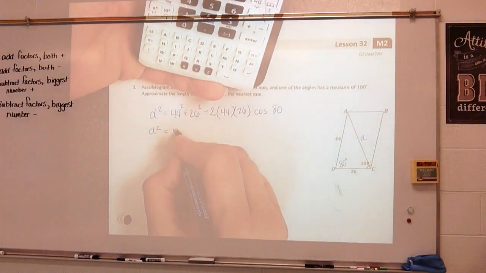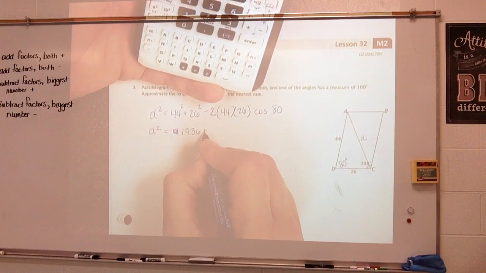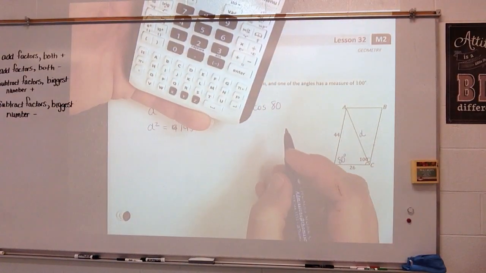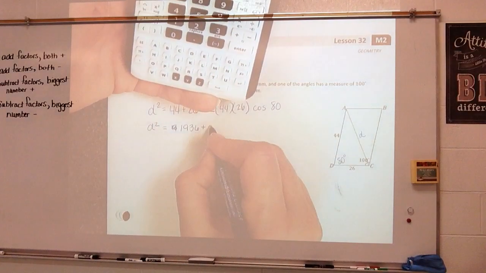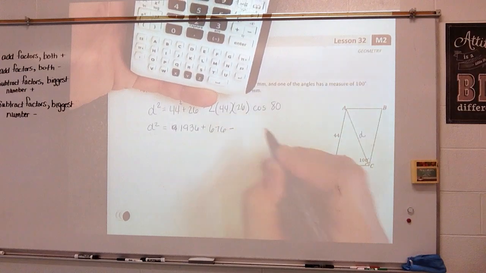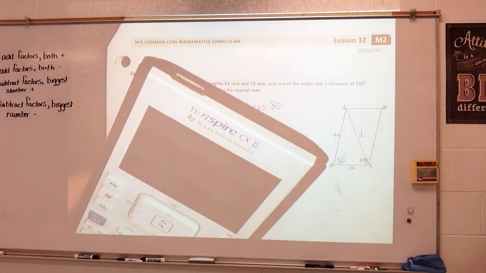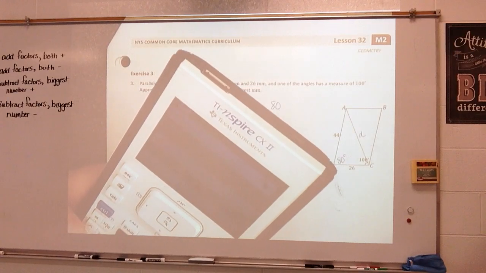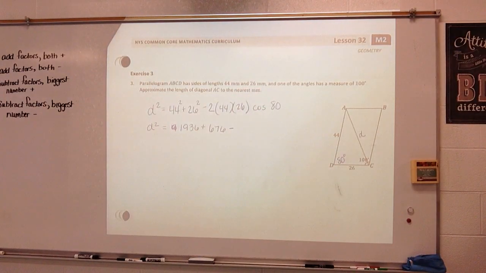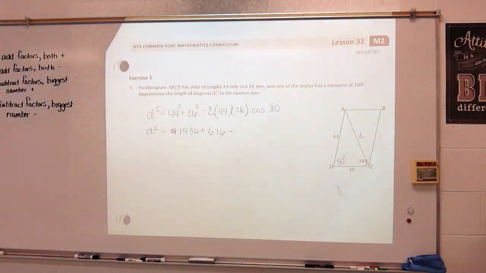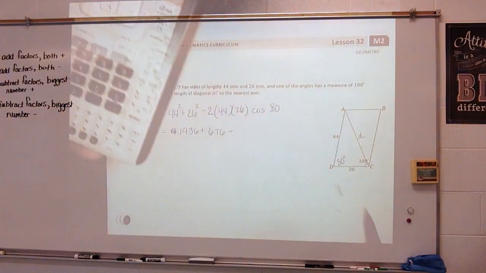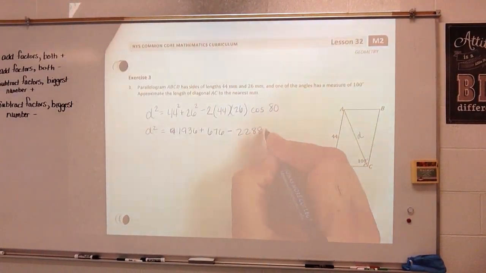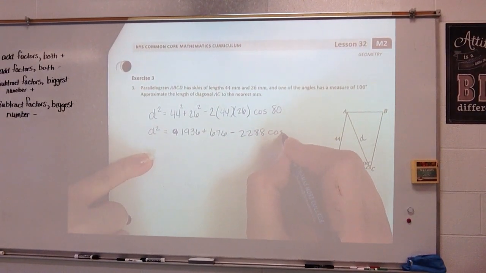So that's 1936 plus 676 minus 2 times 44 times 26 is equal to 2,288 times the cosine of 80.